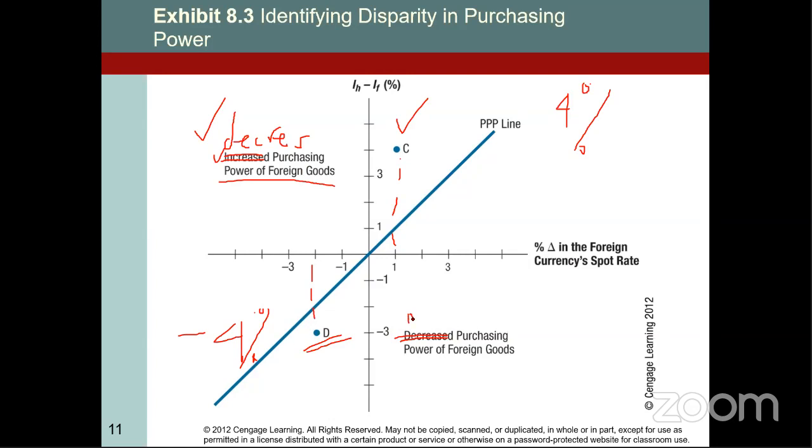This is an increase. An increase in purchasing power of foreign goods means that you will buy more products, import more goods, because now your money is valued more than foreign currency. This is for scenario two, my explanation here.